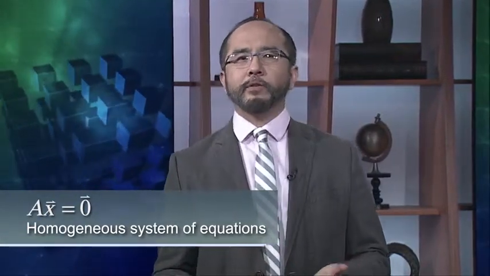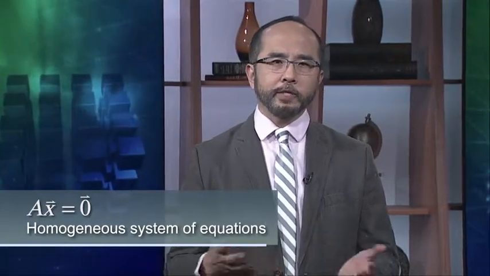So the 0 vector is always a solution of a homogeneous system, and it's called the trivial solution. So a homogeneous system of equations can never have an inconsistency. So the only question for a homogeneous system is whether the trivial solution is the unique solution. Otherwise, Ax equals 0 has more than one solution, which happens when there are free variables in the reduced row echelon form.